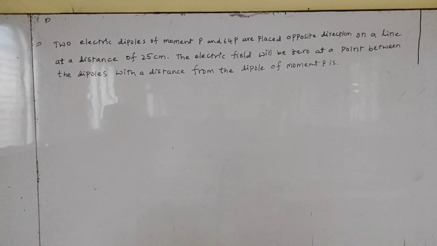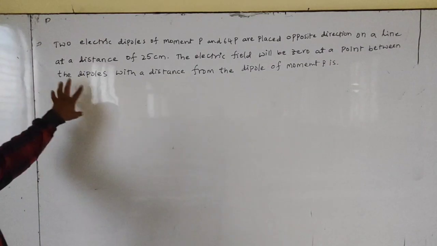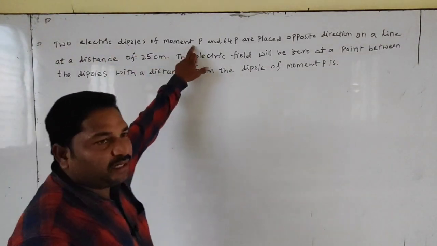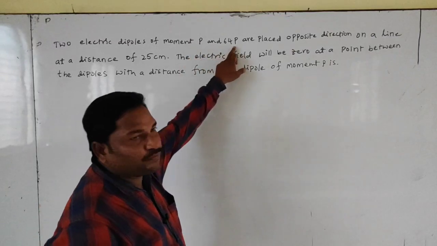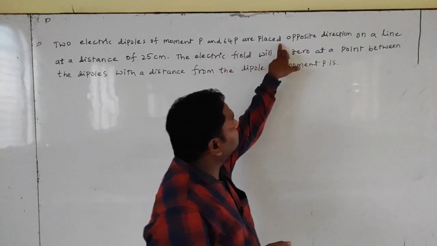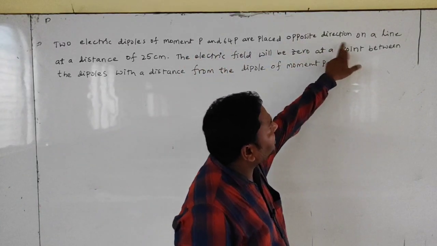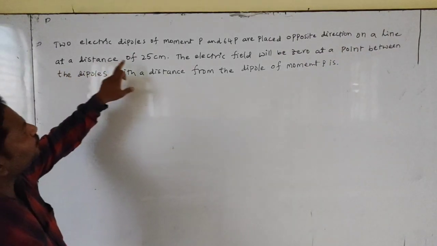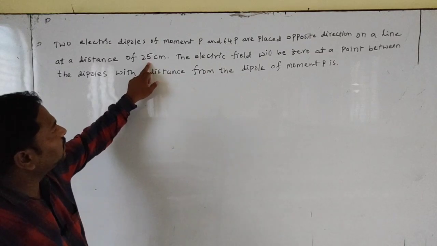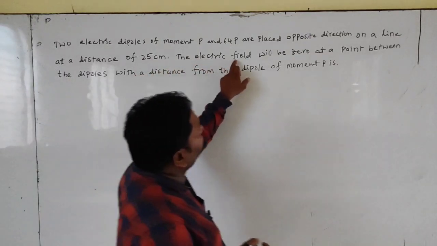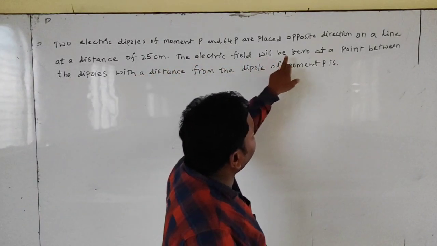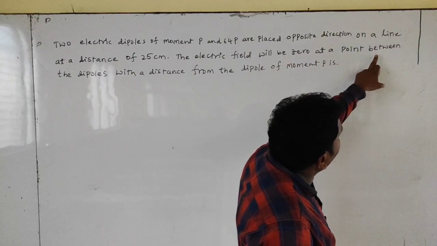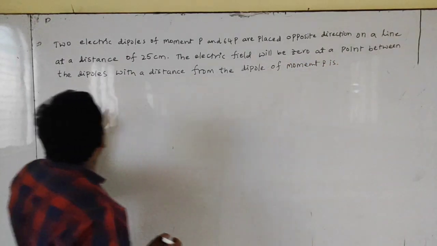Right. Next, another different model. Two electric dipoles of moment P and 64P are placed in opposite directions on a line at a distance of 25 centimeters. The electric field will be 0 at a point between the dipoles.